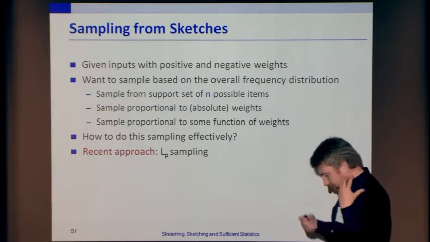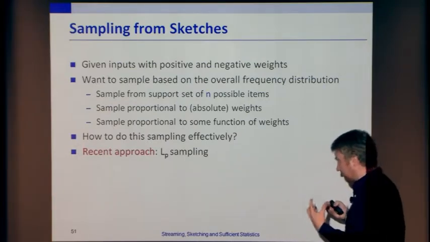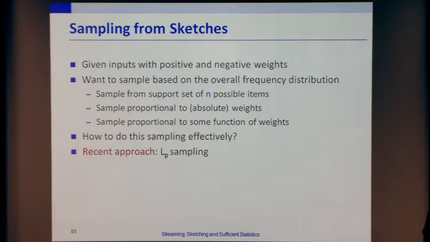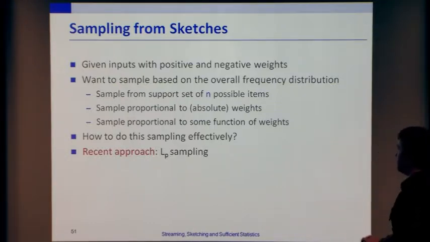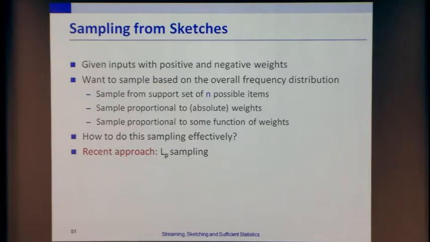Okay, so that's how we would start by sampling, but let's look at a slightly different kind of sampling problem, where we want to achieve a different sampling distribution. So now we're in a slightly more general case where we're seeing inputs that are describing frequency vectors again, where those vectors can have entries where some entries are positive, some entries are negative. We want to sample based on the overall frequency distribution.